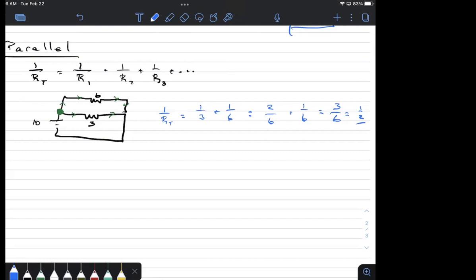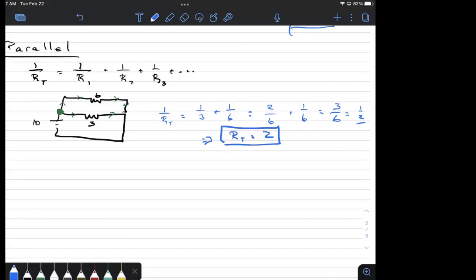However, here's the key, and here's where lots of mistakes are made, especially on a test where you're timed and there's a deadline and you're rushing. 1/2 is not the answer. 1/2 is 1 over the answer. So I then have to flip this number to get the total resistance, which is actually 2.